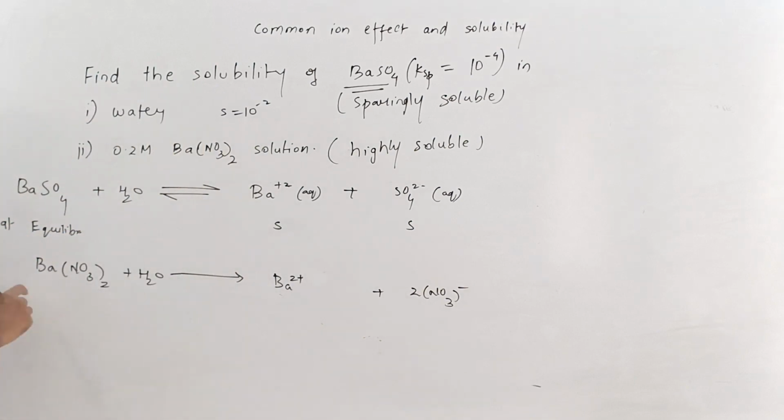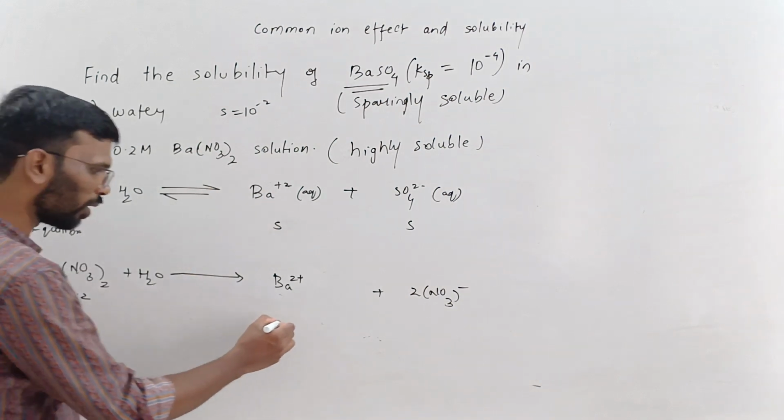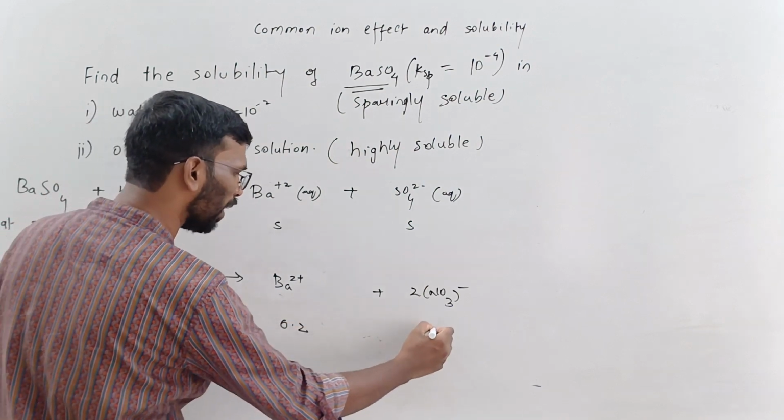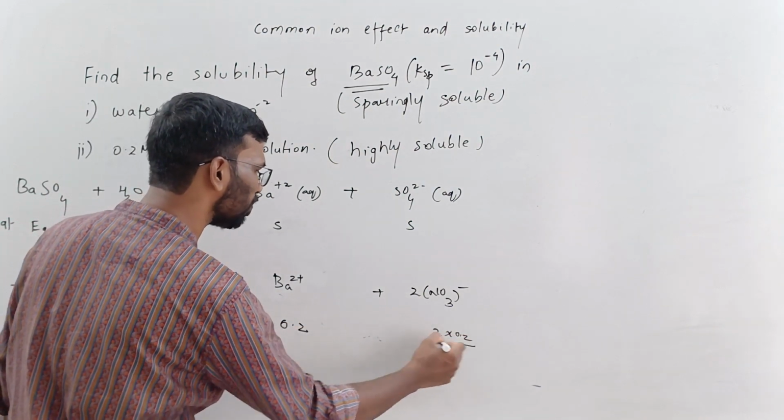So what is the concentration? Initial concentration at time t equal to 0 was 0.2 molar, no? And here there won't be an equilibrium. We'll write the time to be infinity. Infinity means not infinite time; it is the time at which the maximum dissociation takes place. This will be 0, this is 0.2, and this is 2 into 0.2, right?